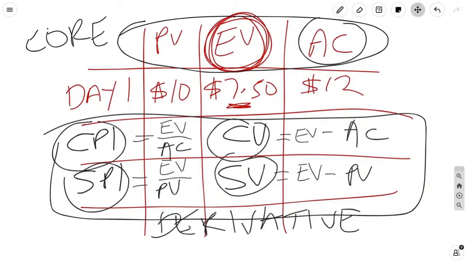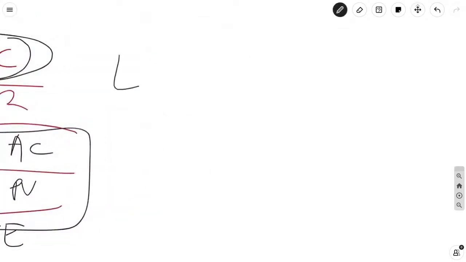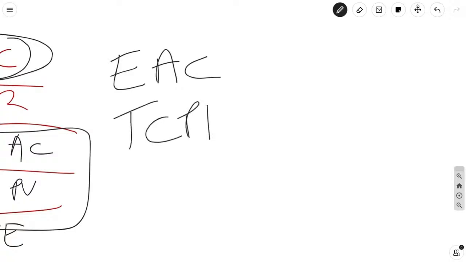We had to provide even more information. And some of the other metrics that we used were the estimate at completion and the to complete performance index. And very simply put, the EAC is just the actual cost plus the estimate to complete.